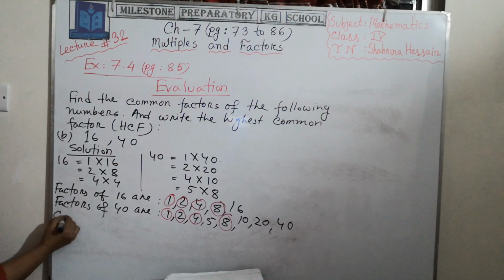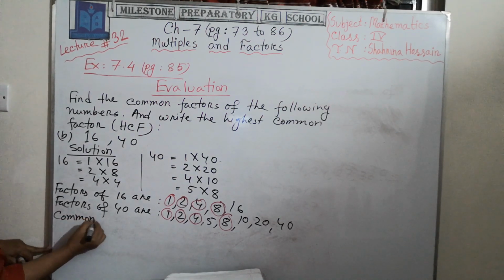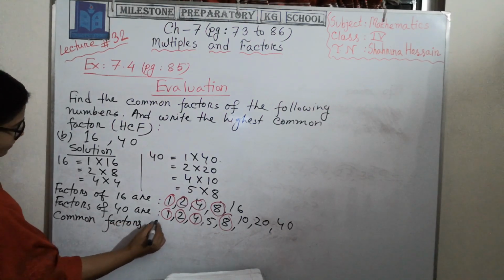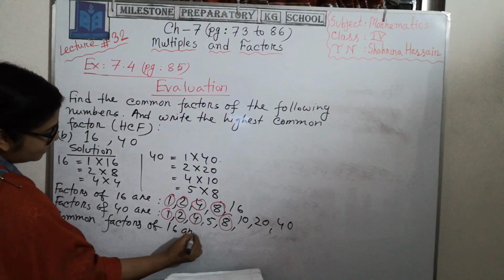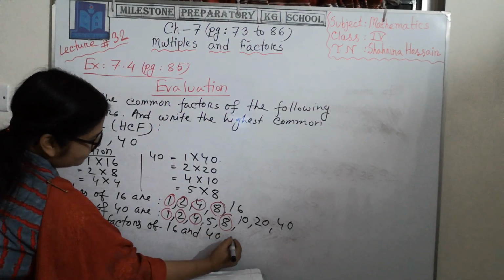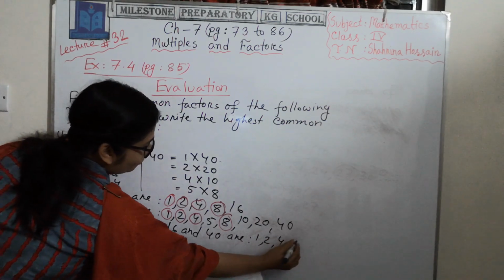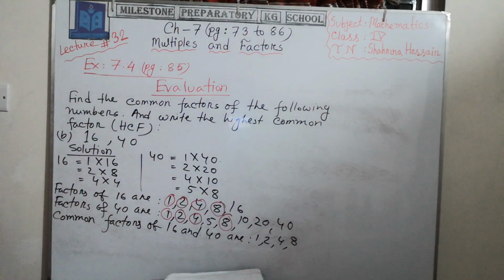So common factors of 16 and 40 are 1, 2, 4, at last 8. So among these 4 factors, which one is the highest?